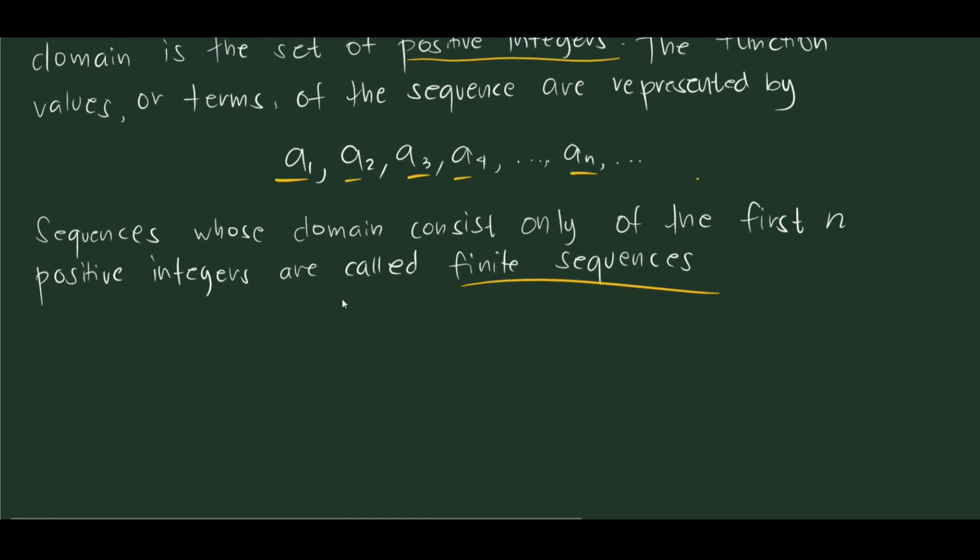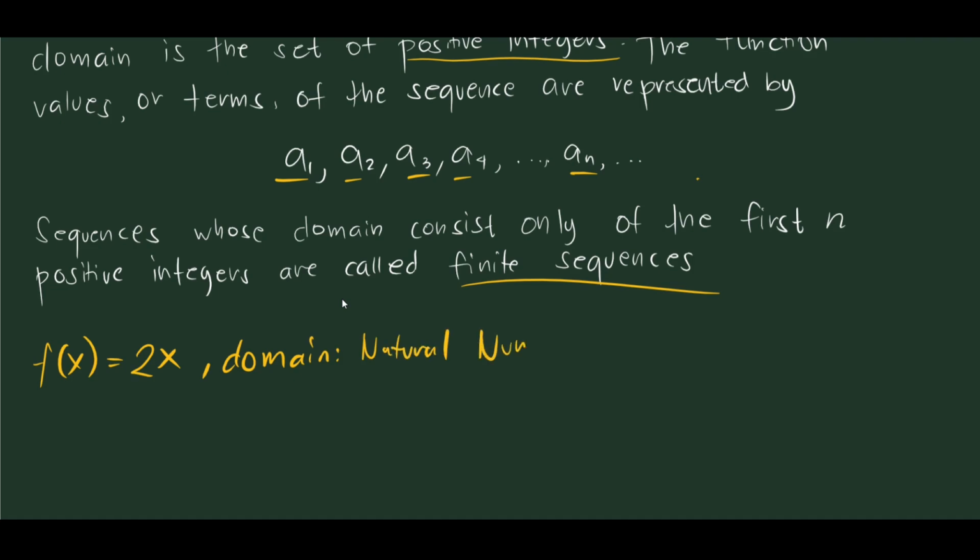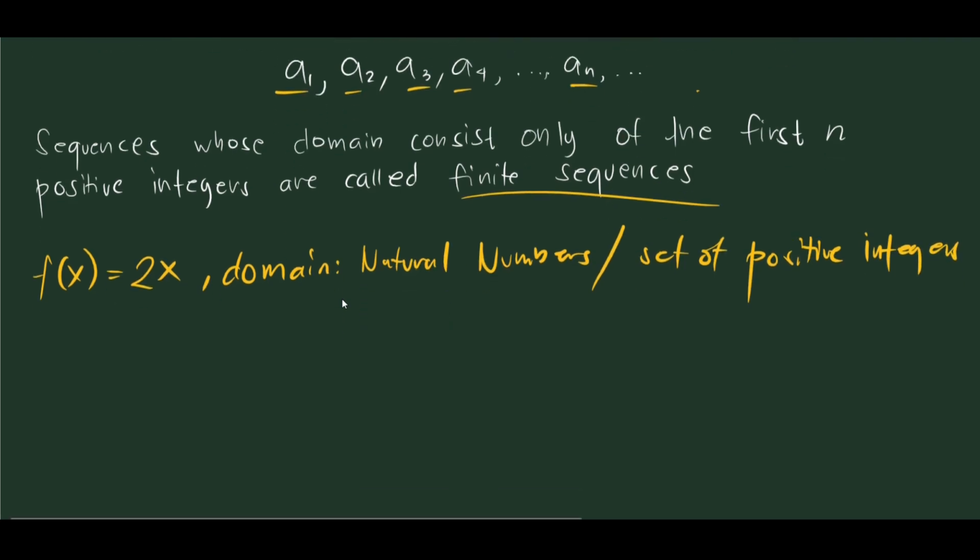Let's say we have the function f of x is equal to 2x, and the domain is the natural numbers, or the set of positive integers. Just for clarity, let's write out our domain: 1, 2, 3, 4, 5, and so on.